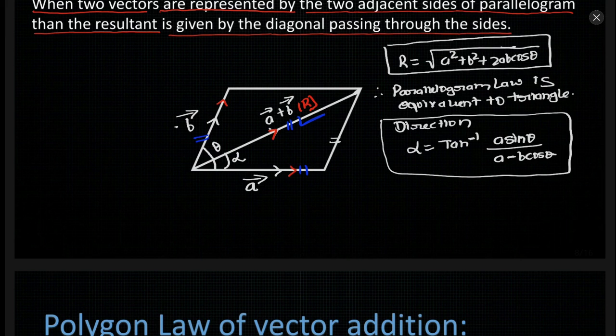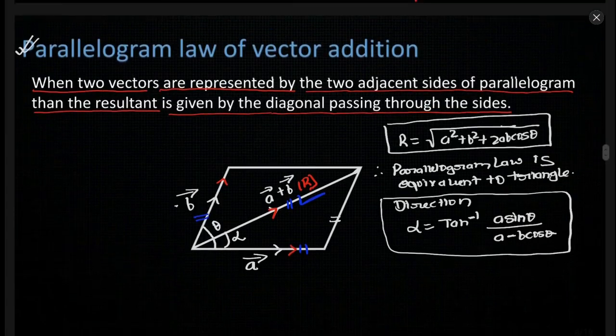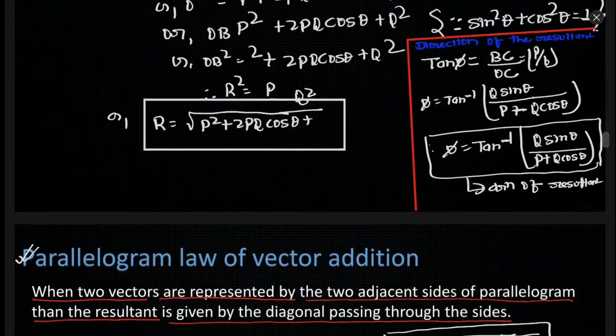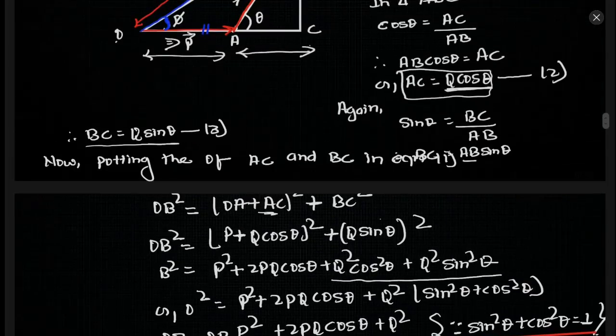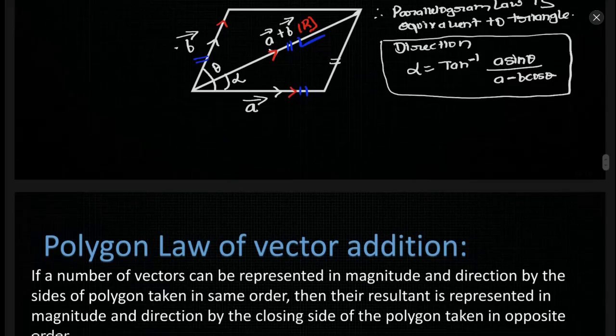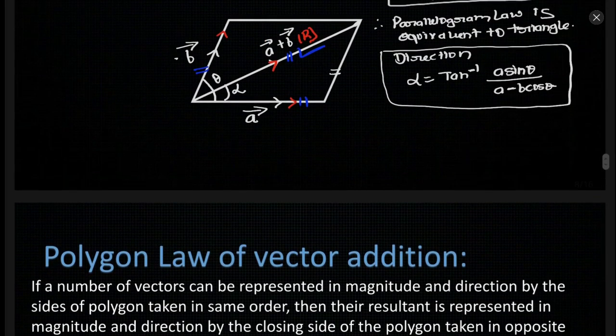If you don't understand, please write down comments, I will explain it later. But this derivation is the same as the derivation of triangle law of vector addition, so hope you may understand this.